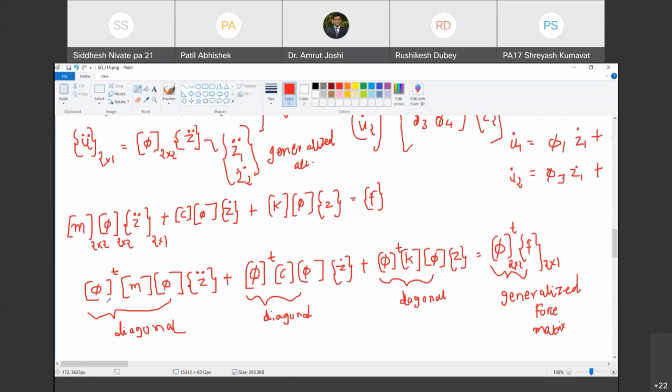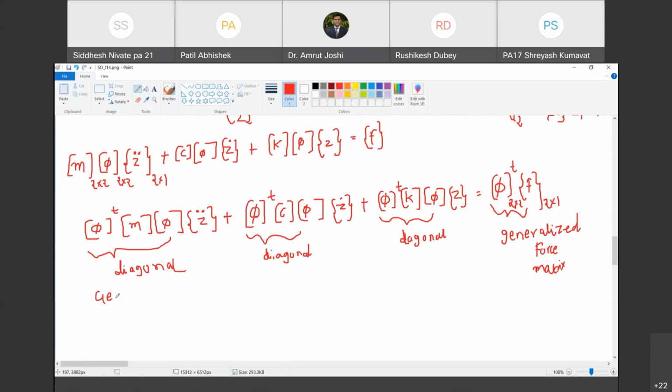Yes, sir. If I am successful in doing that, then whatever I get as phi transpose M phi, I call it the generalized mass matrix. Are you with me? Yes, sir. If I am successful in diagonalizing the C matrix by this transformation, pre-multiplication by phi transpose and post-multiplication by phi, whatever I get, I am going to call that the generalized damping matrix.